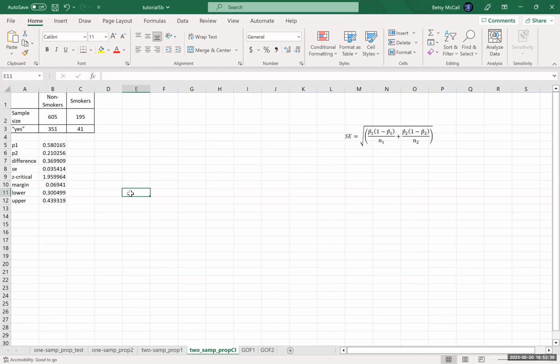And so we get that our confidence interval is roughly 30% to 44%, depending on how you round it. So there is a very significant difference between smokers and non-smokers in terms of their opinion on this particular question. Should smokers be taxed more? Not too surprising.